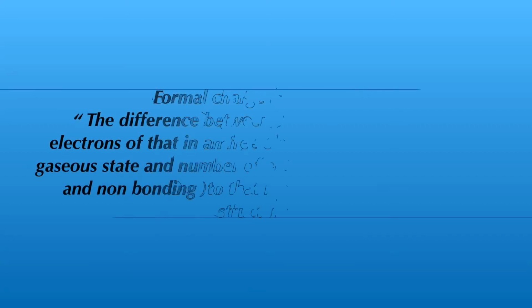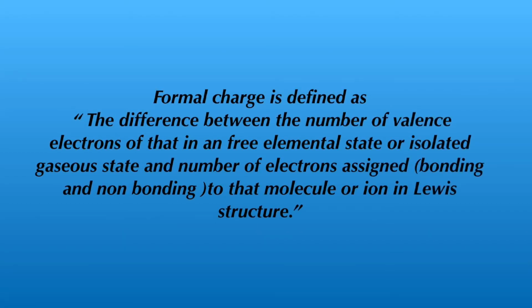Now we can define the formal charge as the difference between the number of valence electrons of an atom in the free elemental state or isolated gaseous state and the number of electrons assigned to that atom in the molecule or ion in its Lewis structure. So this is the definition of formal charge.